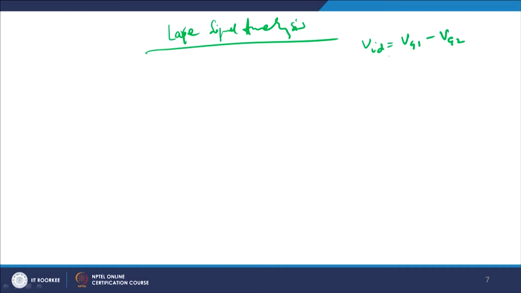So, with this knowledge, let me show you the large signal analysis. In the large signal analysis, I am assuming that VID equals VG1 minus VG2. So if I solve it, I get root of ID1 equal to root of 1 by 2 Kn prime W by L into VGS1 minus VT.